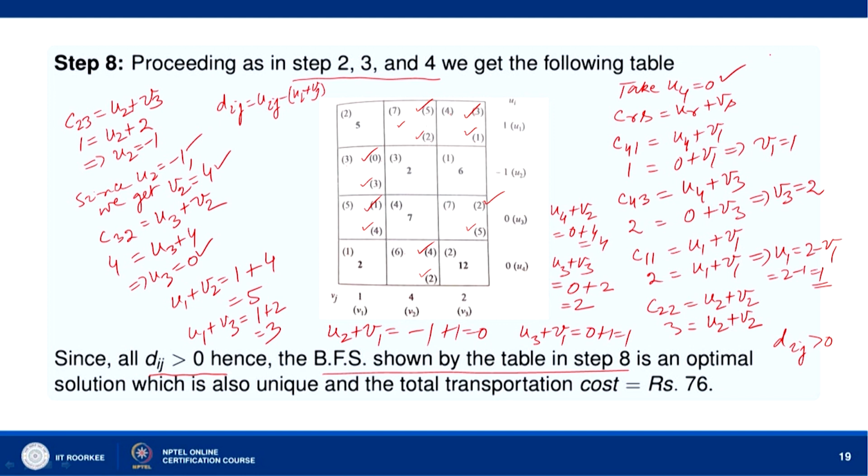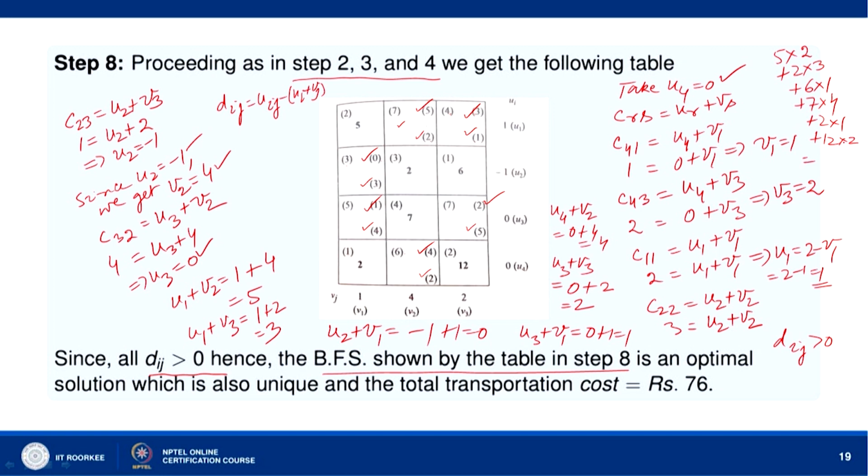Total transportation cost is 5 into 2, because we are only getting 5 here, and cost is 2, 5 into 2, and then we have 2 into 3, 6 into 1, and then we have 7 into 4, and then we have 2 into 1, and then 12 into 2.